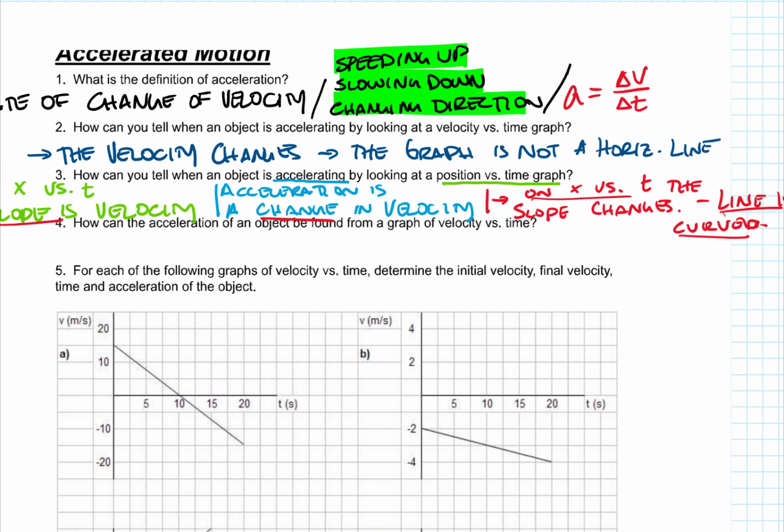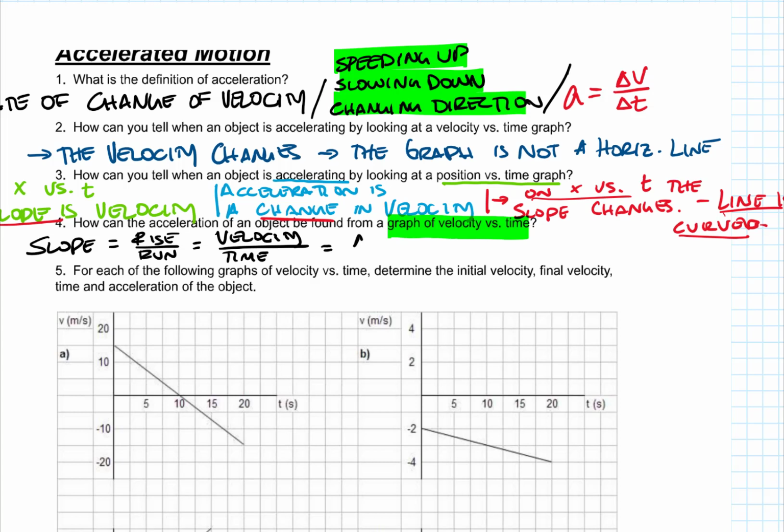How can the acceleration of an object be found from a graph of velocity versus time? Well, on a graph of velocity versus time, the slope of any graph is the rise of the graph over the run of the graph. On a velocity versus time graph, the rise is velocity, and the run is time.